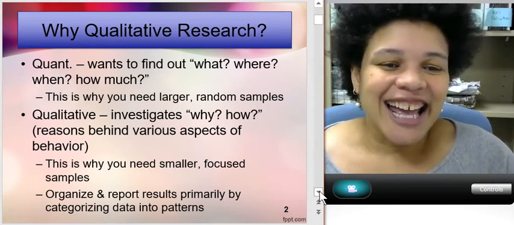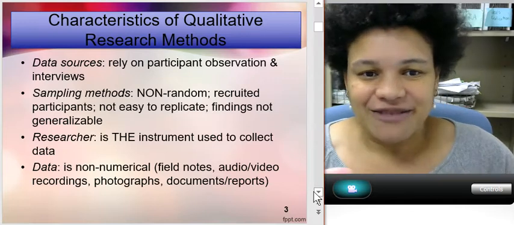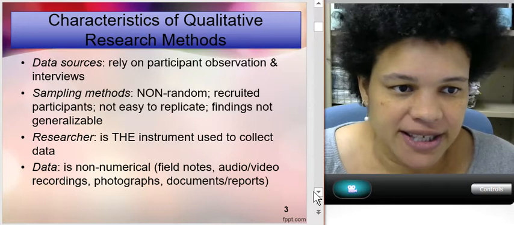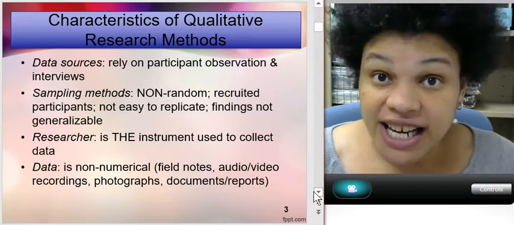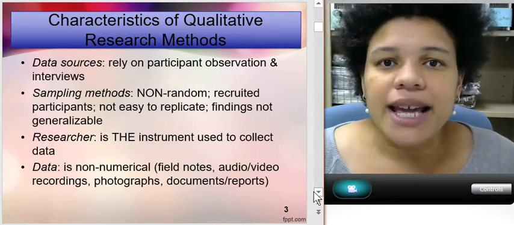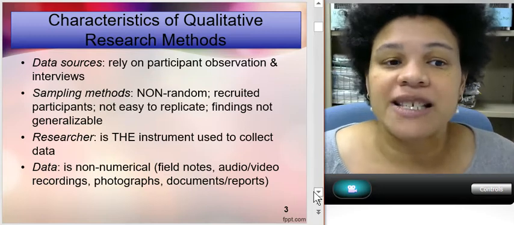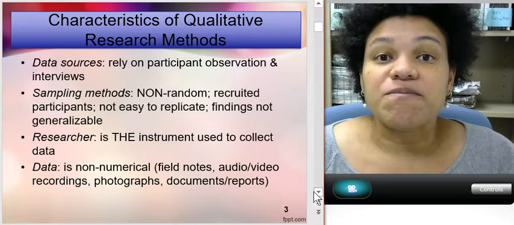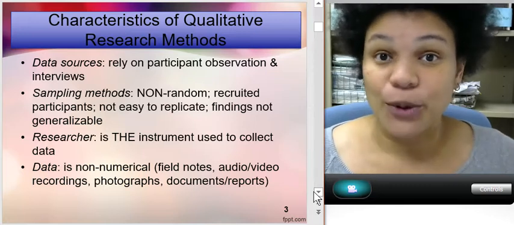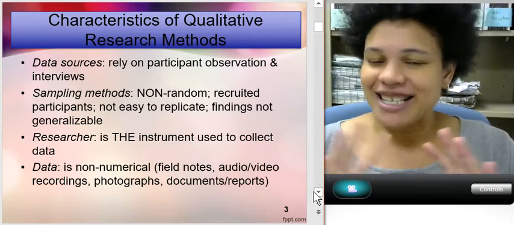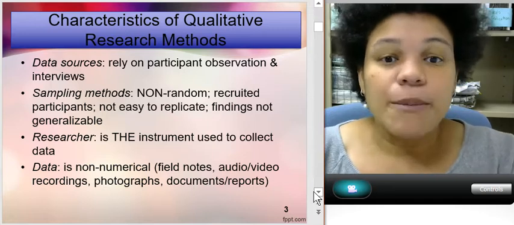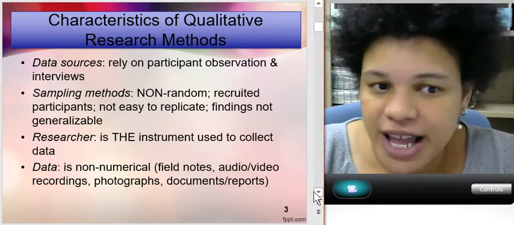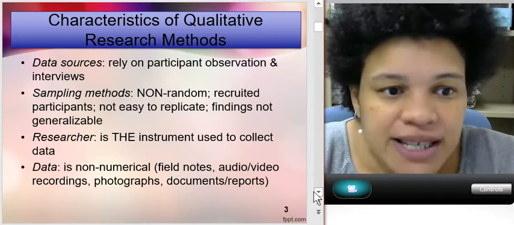Okay, and slide 3. Characteristics of qualitative research methods. In terms of our data sources, the main types of data sources we use are participant observation. That means we're observing, but we're also participating. It means exactly the way it sounds. And interviews. Sampling methods are non-random, okay? These are recruited participants.